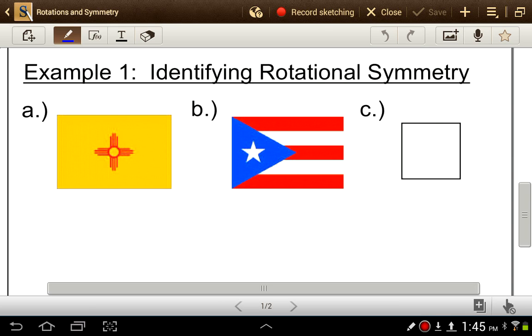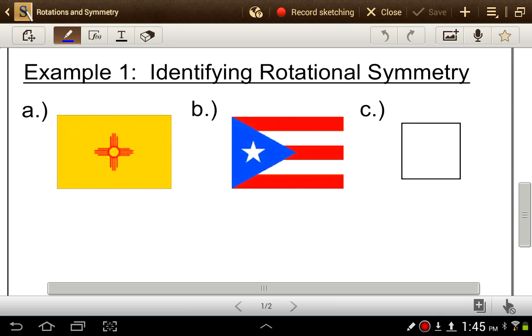Okay, so in example A here, we have our flag. Now when I'm looking at this flag, if I rotate it 90 degrees, then the center part is going to look the same. However, it's a rectangle, so a 90-degree rotation of a rectangle is not the same. It's going to go from short and long to very thin and tall. And so that's not going to work. But if I spin it all the way around completely, from top to bottom, right to left, then it'll work.